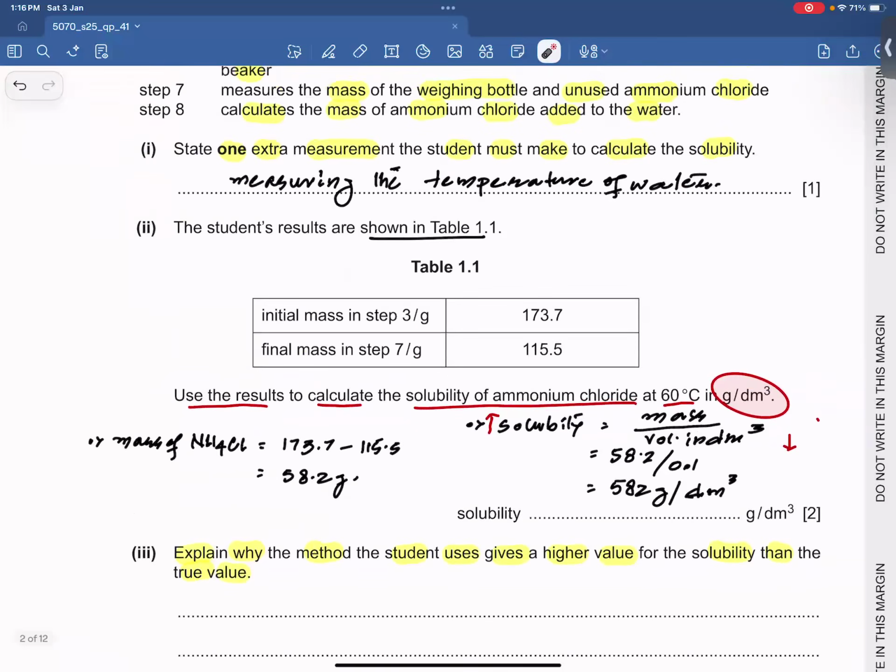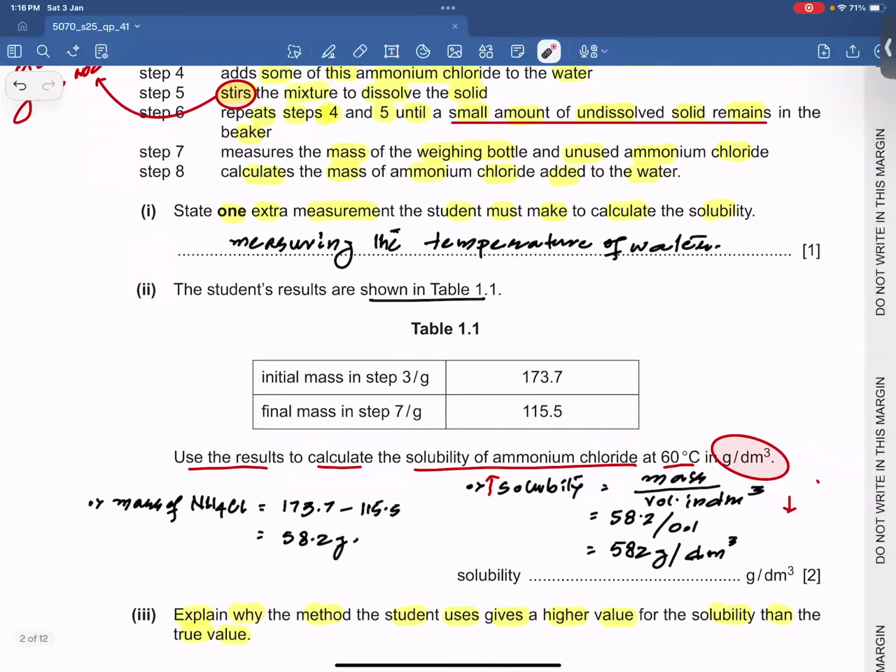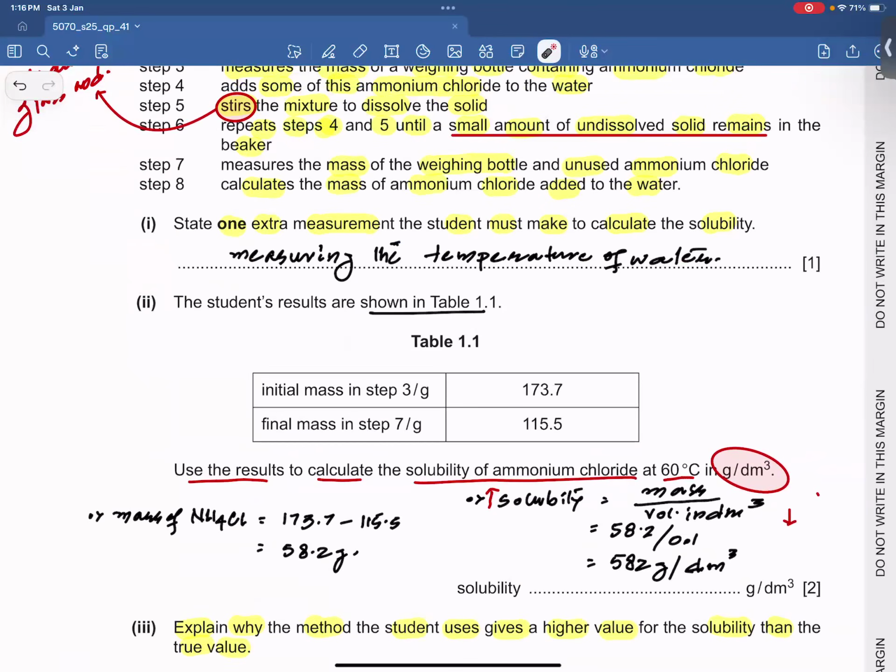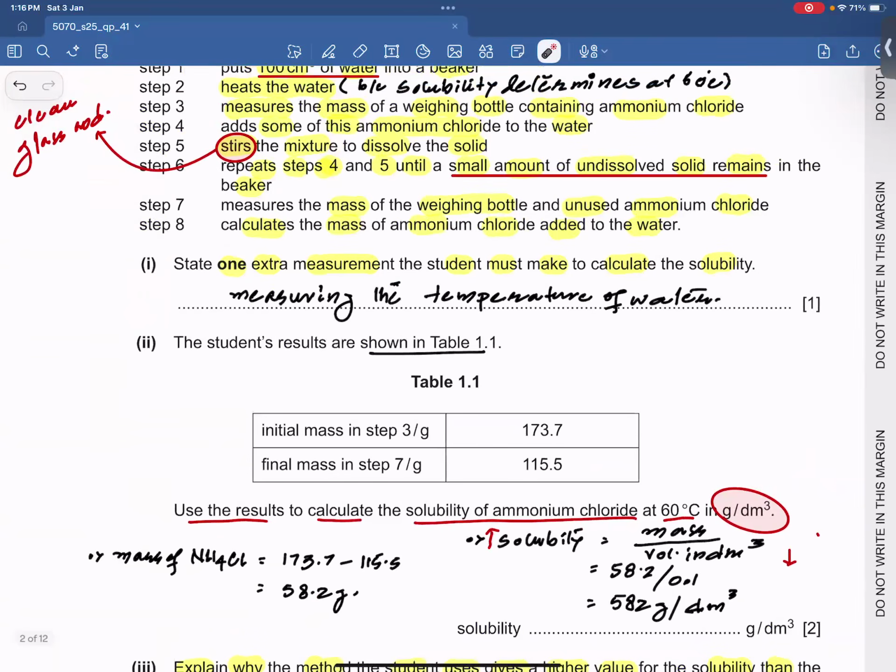In fact, in step 6, the examiner has told us that a small amount of undissolved solid remains. So it might be possible that this amount is greater than expected.